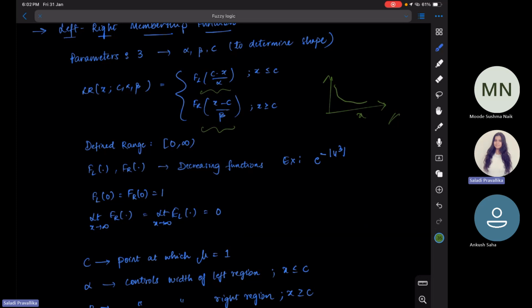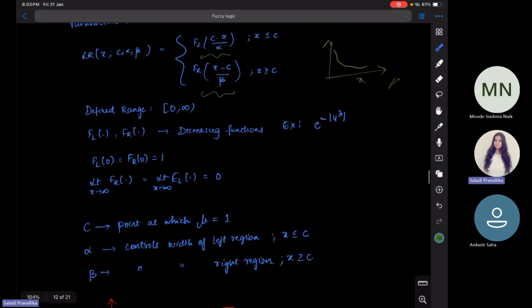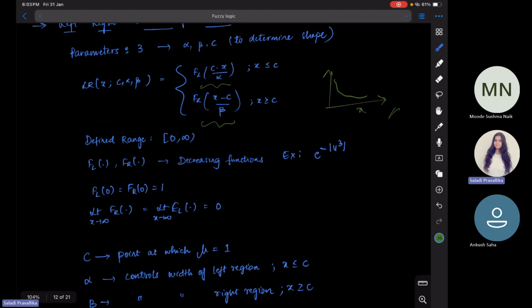For these F_L and F_R functions, when X tends to infinity, the values of the functions are equal to 0, both F_L and F_R. And the point C is the point where the membership function is at its peak, that is, at the highest, the maximum membership value.